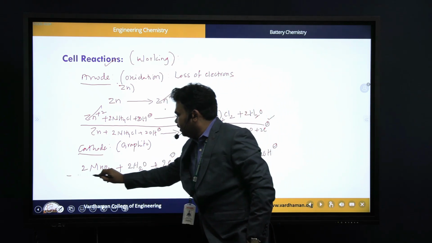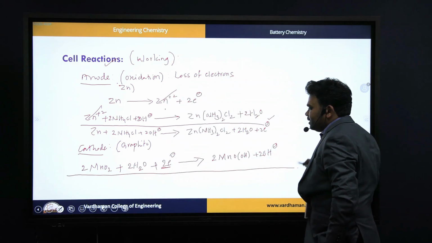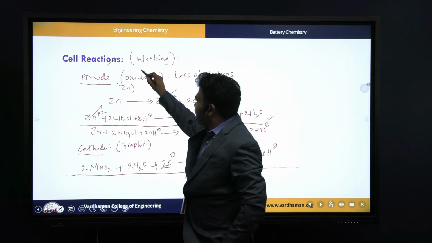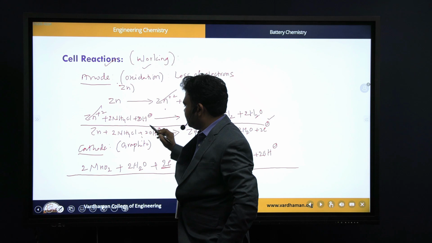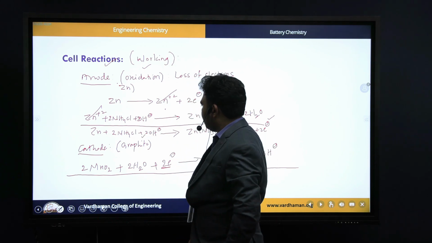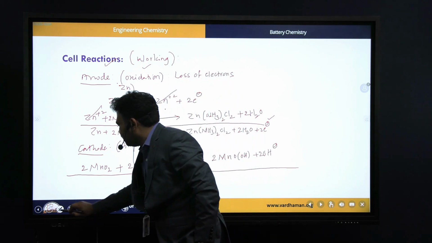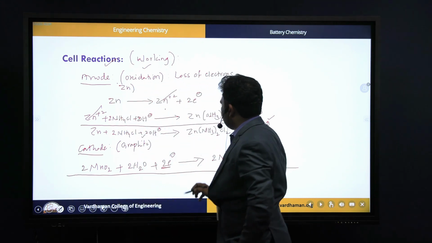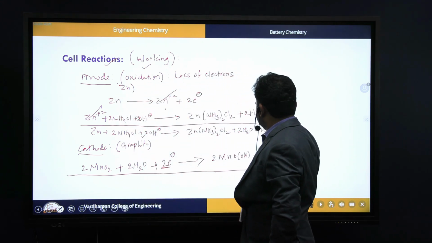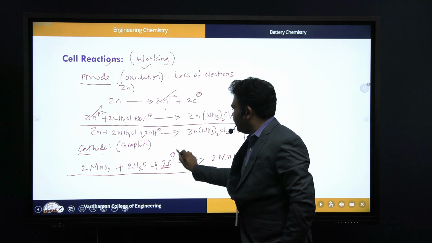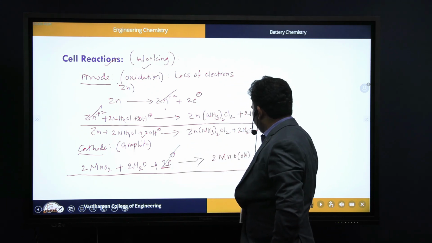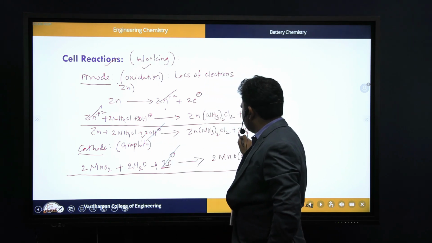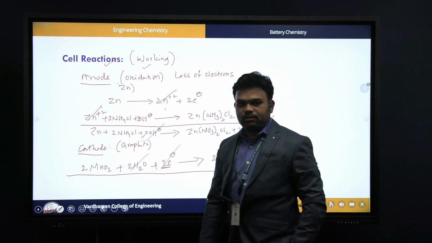Next we take the net reaction, which is the combination of the anodic oxidation and the reduction reaction. Let us consider the common terms and cancel them: the 2 electrons get cancelled, the 2 OH- get cancelled, and the 2 H2O get cancelled.